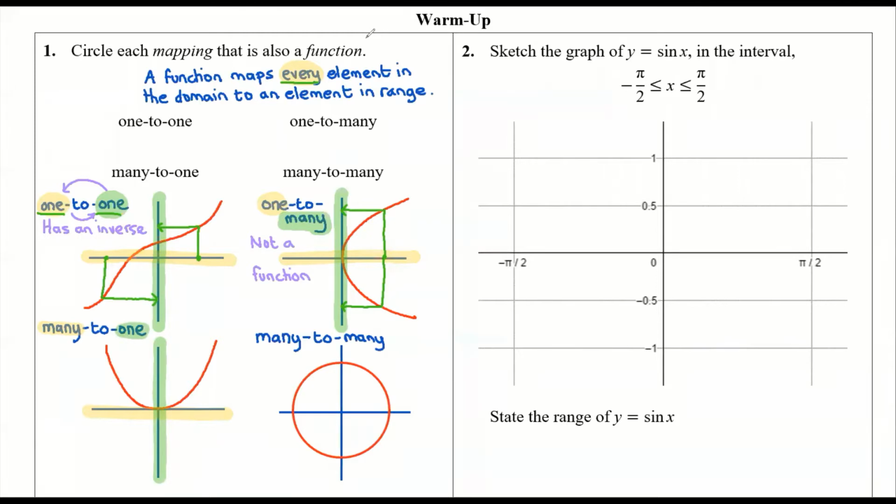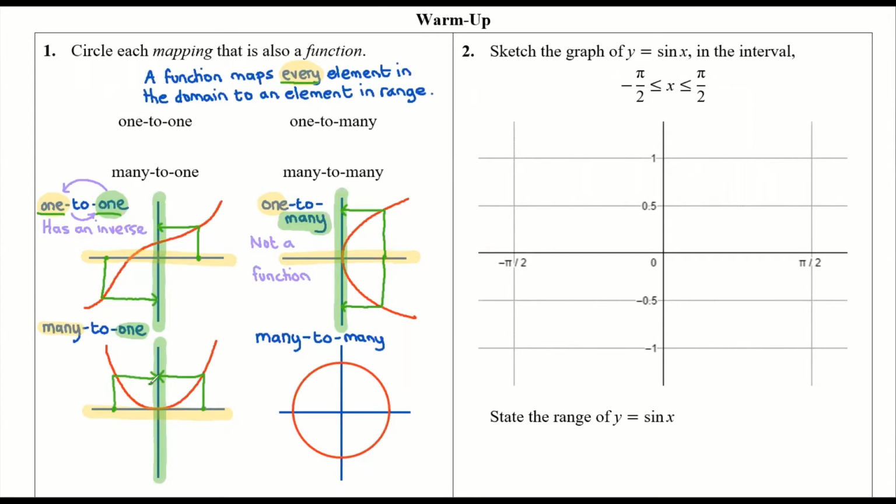Well, let's have a look. If I take a unique element from the domain, there's the mapping. So it only maps to one particular value. That's good. But I could take an element over here, which maps to the same element in the range.